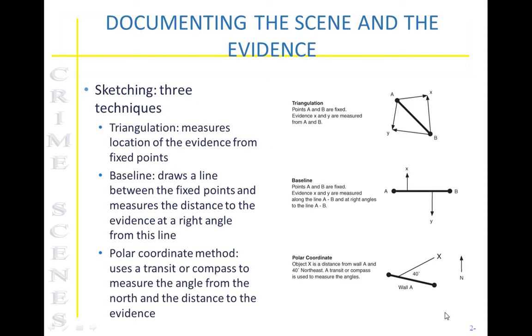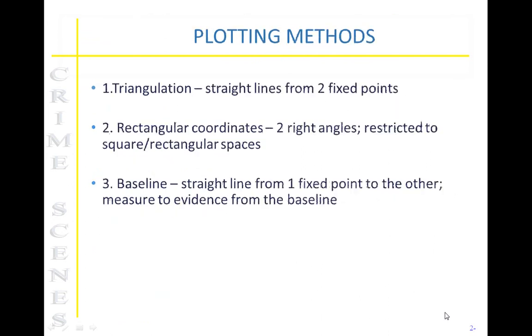There are several different techniques that can be used when you're creating crime scene sketches. There's the triangulation method, the baseline method, and the polar coordinate method. All of these have very good ways to orient that crime scene sketch depending on which one is easier for the scene itself.